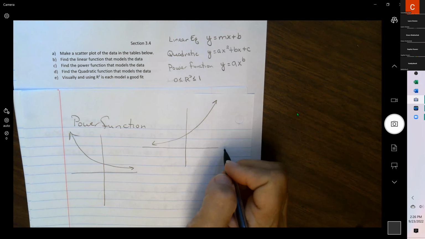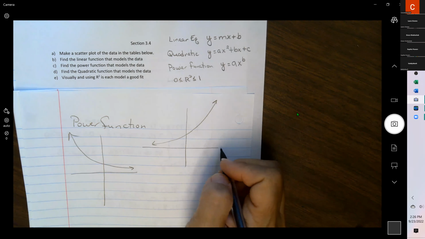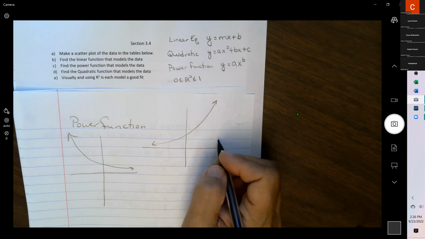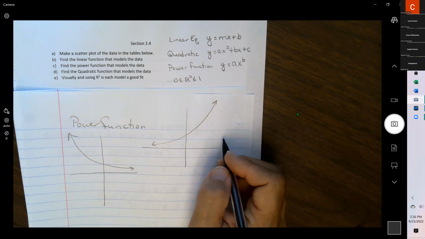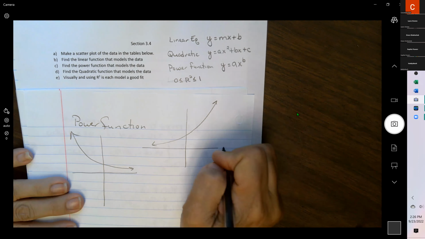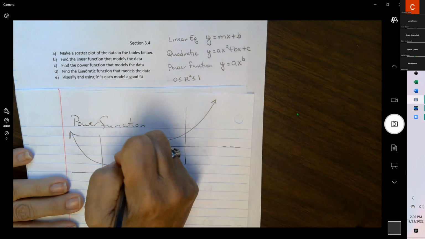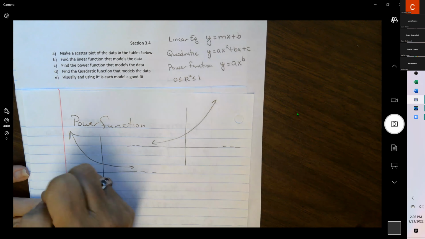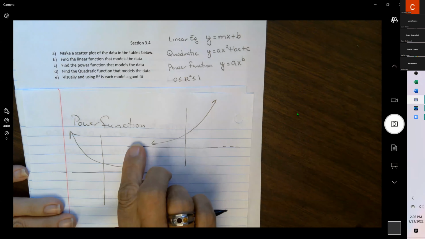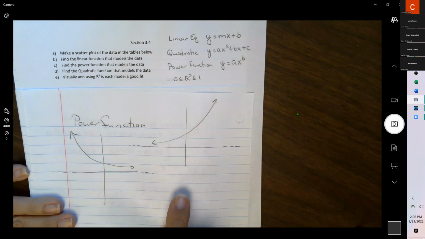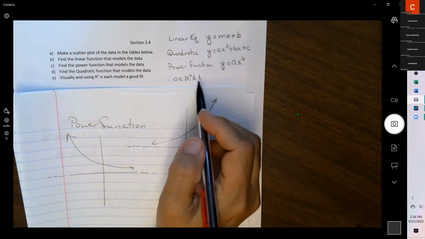We don't get into too much of doing it by hand, but you do need to know what the graph looks like so you're able to know if it's entered properly. There's an asymptote here, but it either grows real quick or drops. And that would be our power function.